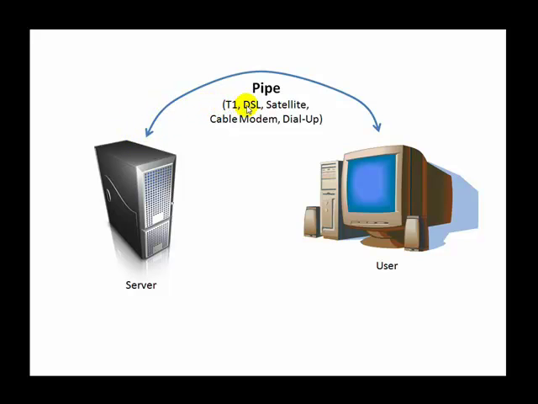And that is a T1, DSL, satellite, cable modem or dial-up connection. Each of these pipelines moves at a different speed. Website speed optimization is figuring out how to get this website out of the server into your user's hands as quickly as possible through this pipe.